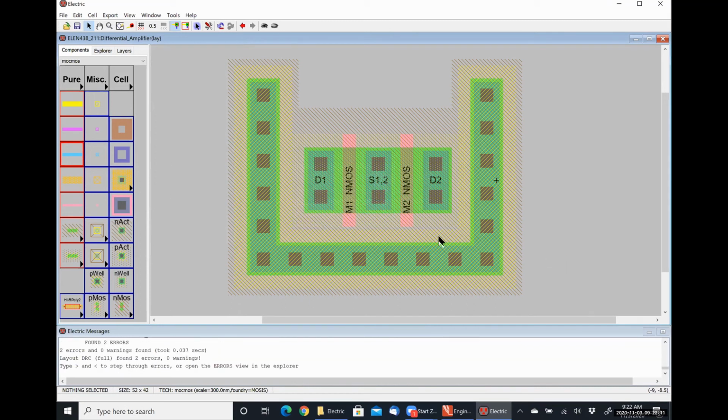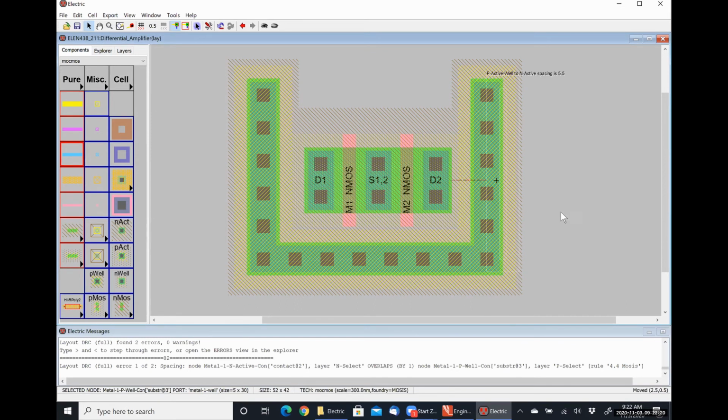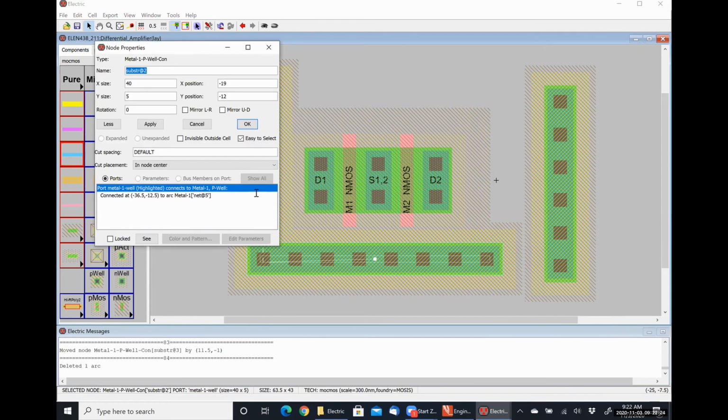Let's see what's what here. Oh, I have an overlap for my, yeah. Which means let's pull this one out over here. Close that. This guy needs to be wider. So let's make it 45.